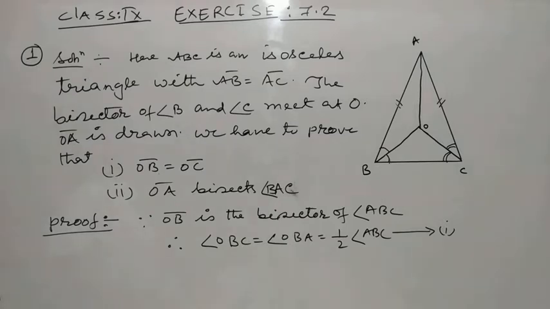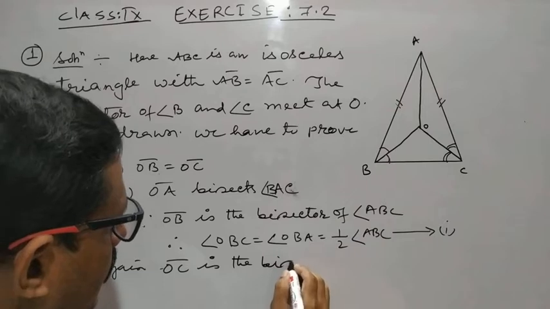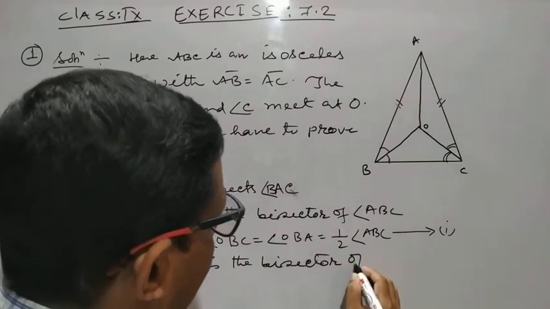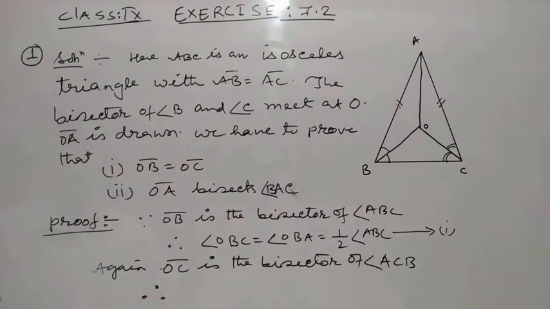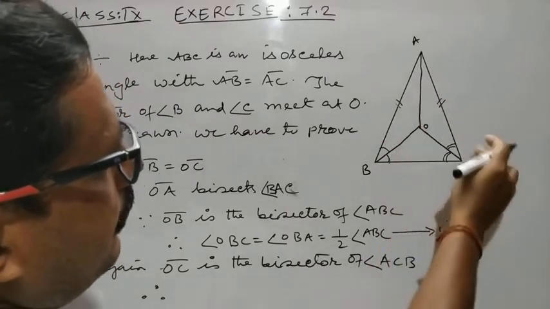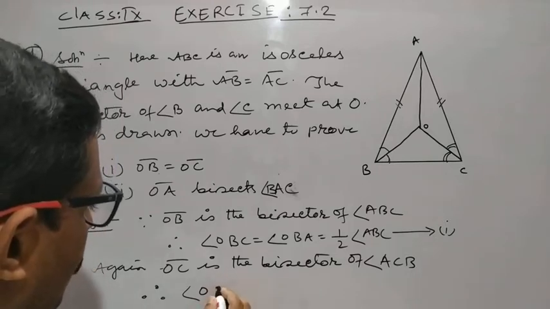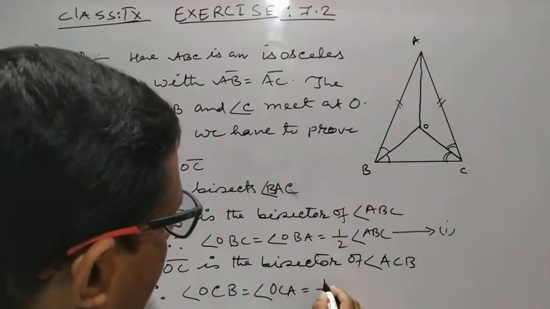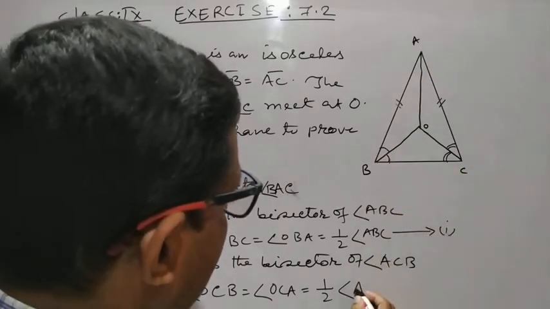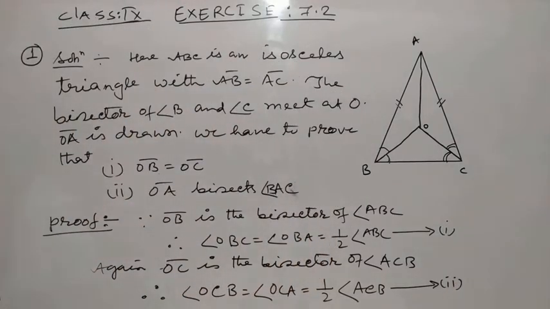Again you see, OC is the bisector of angle ACB, therefore angle OCB equal to angle OCA equal to half angle ACB.